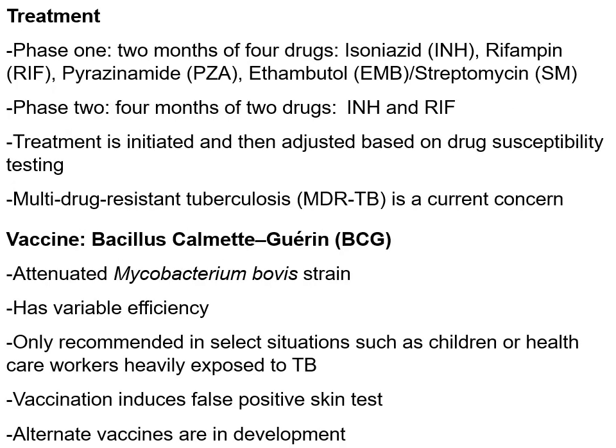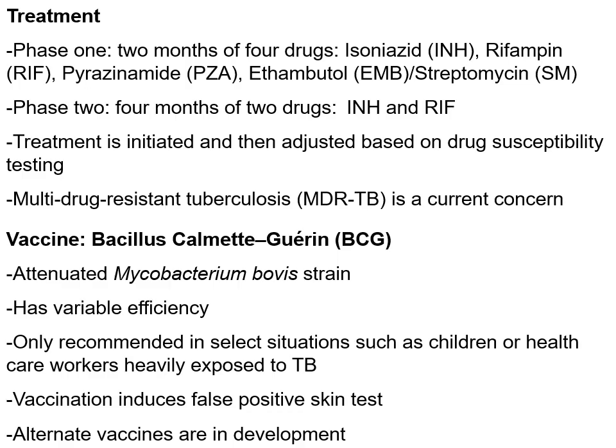As for treatment, it consists of 2 phases. The first phase is 2 months of 4 drugs, which are isoniazid, rifampin, which is also referred to as rifampicin, pyrazinamide, and either ethambutol or streptomycin. The second phase follows the 2 months of 4 drugs, and this is 4 months of 2 drugs, which are isoniazid and rifampin.